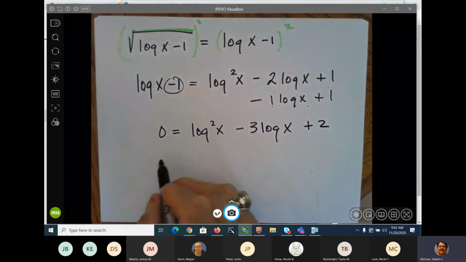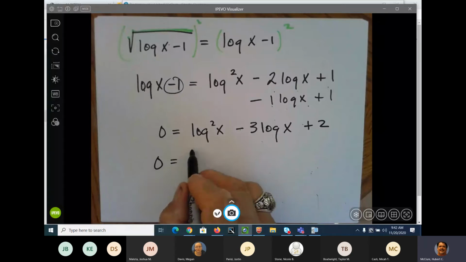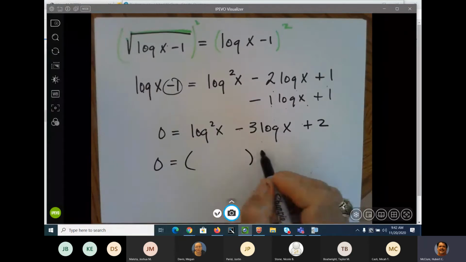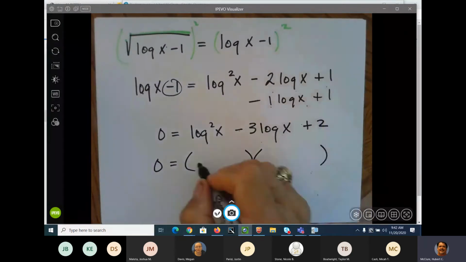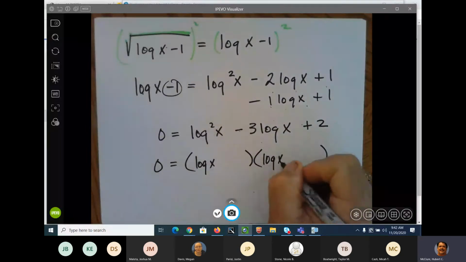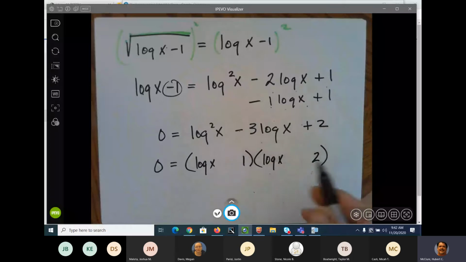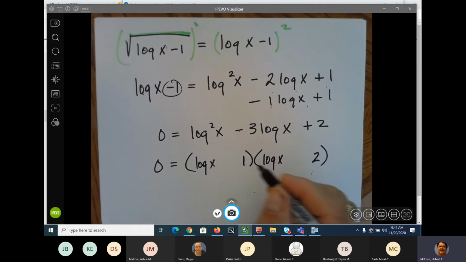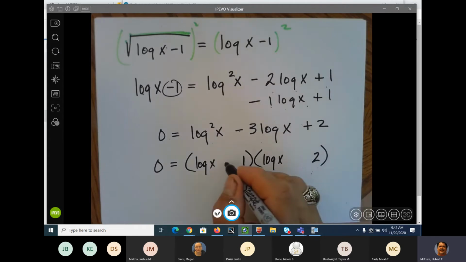And we can break that up into 0 is equal to log of x, log of x, and that's going to be a 1 and a 2, and that's going to be a negative 1 and a negative 2.